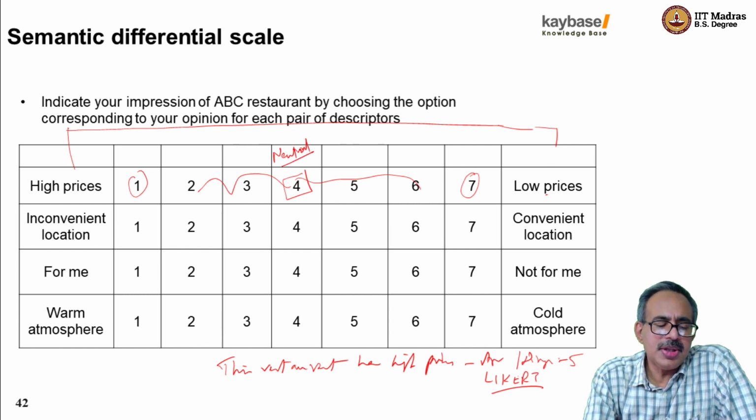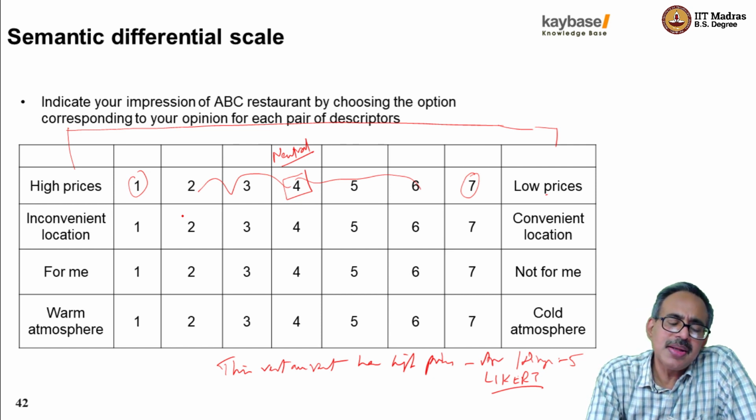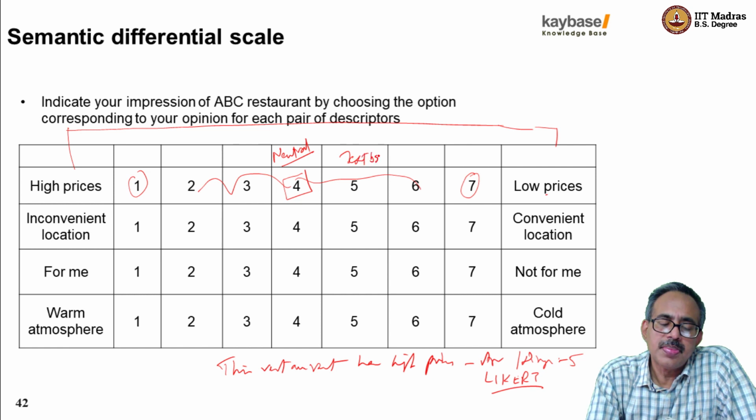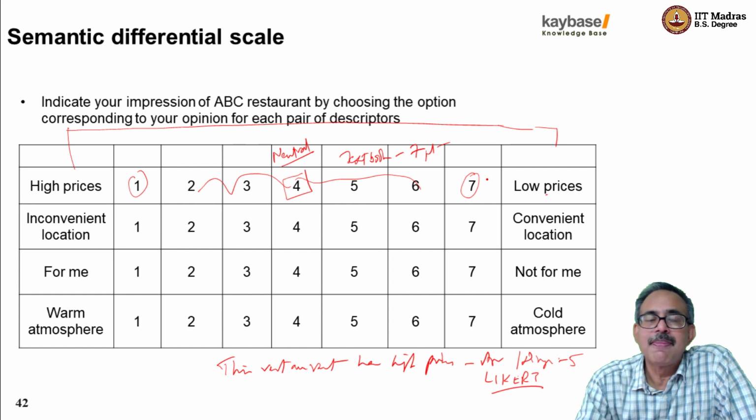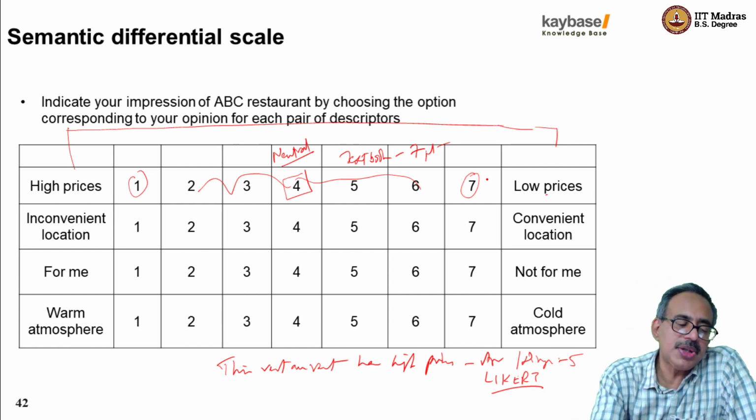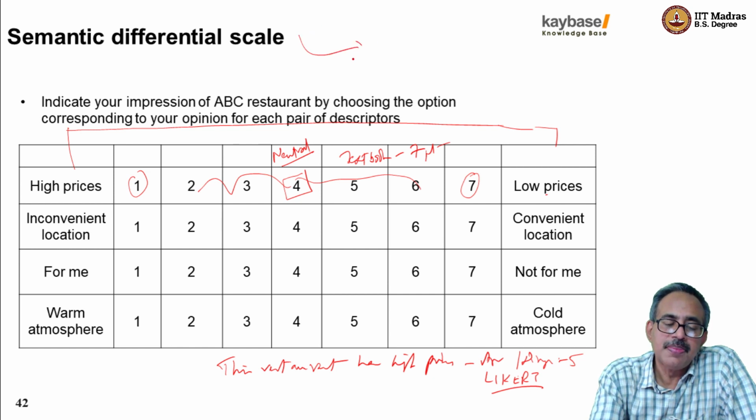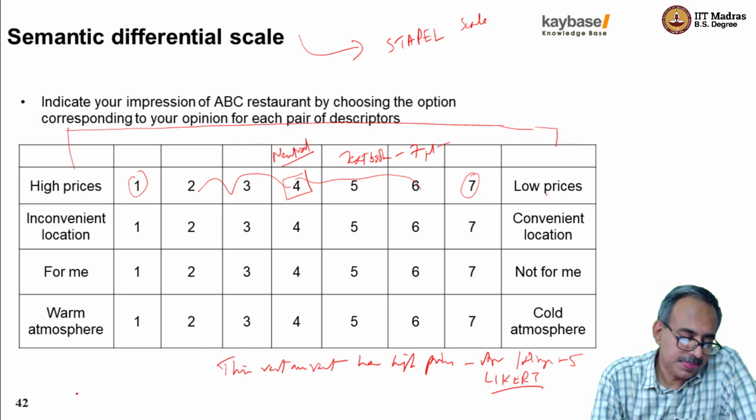You can do this at 5 points, you can do this at 7 points, you can do this at 9 points, but generally speaking, textbooks talk about 7 points. This is 7 points, right? Is that clear? Okay, now a slight variation of the semantic differential scale is called the Stapel scale. Not staple, Stapel. Right? We'll see that next.